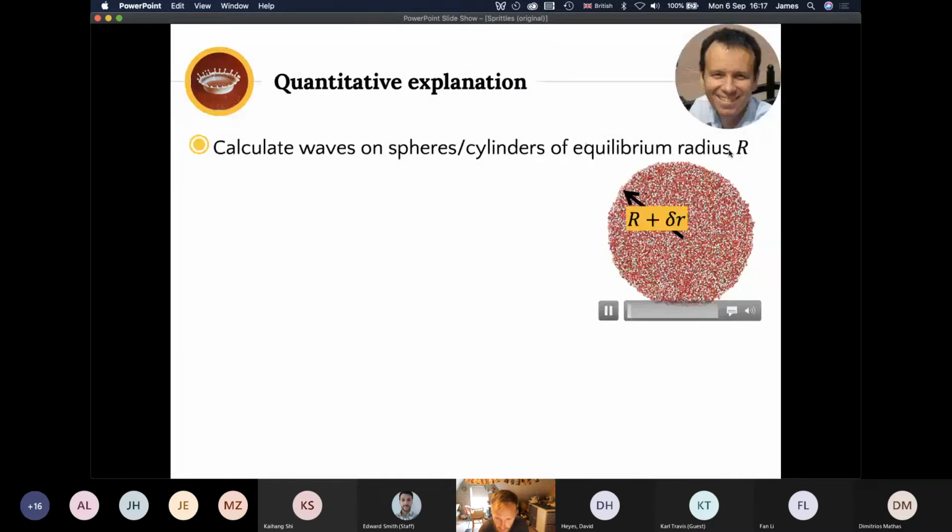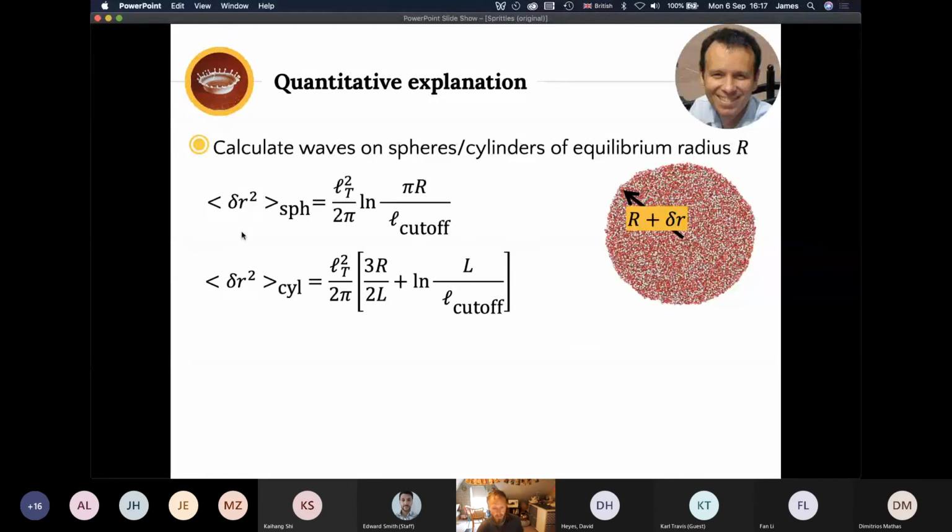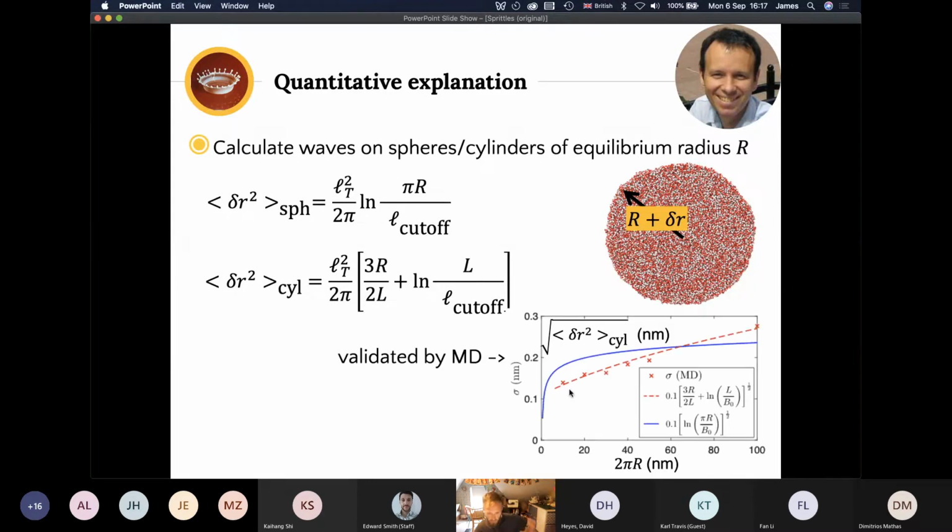The person who really developed the theory for that was Makita in Warwick, and he basically took cylindrical and spherical alternatives to the geometry I've just shown you. So you take a sphere of radius r and perturb it, and then you can find out the variance associated with this perturbation. And these are those expressions. Srihari validated these against his MD, which was nice.